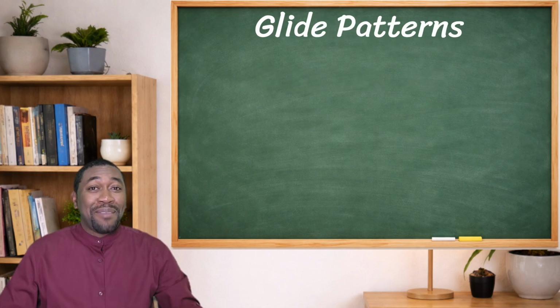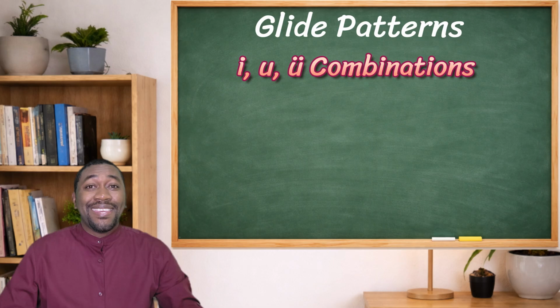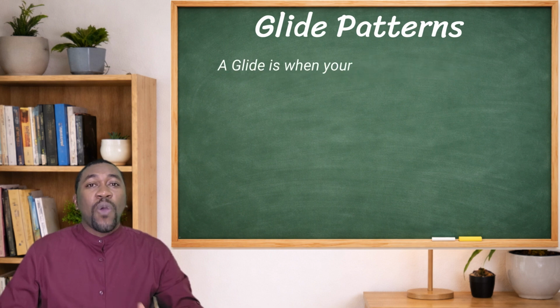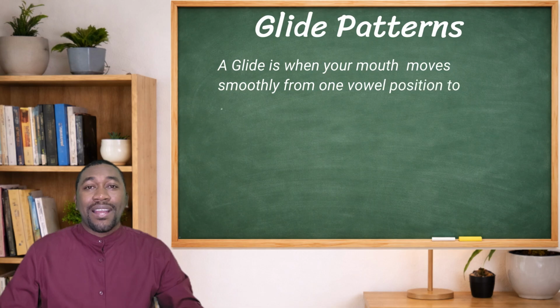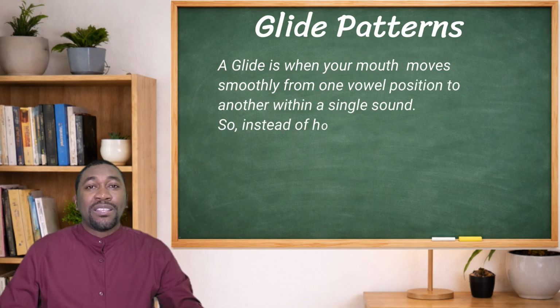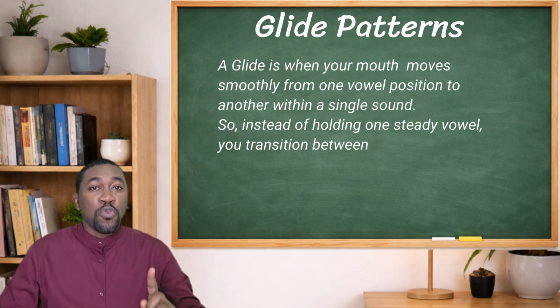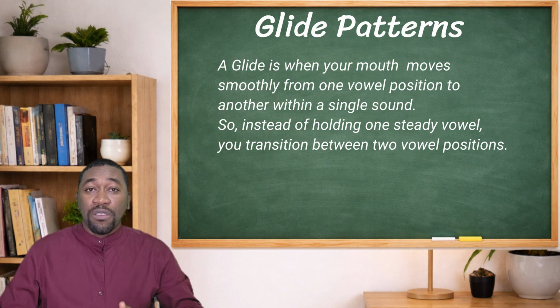Now we're going to look at glide patterns in I, U, U combinations, meaning the next set of combinations start with one of these letters. Now, what is a glide? A glide simply means that your mouth will move smoothly from making one vowel sound to the next.